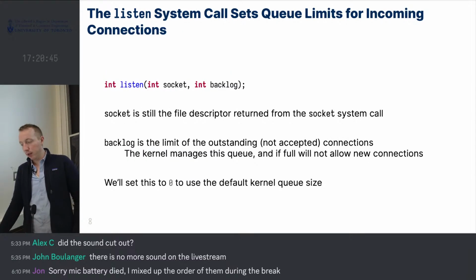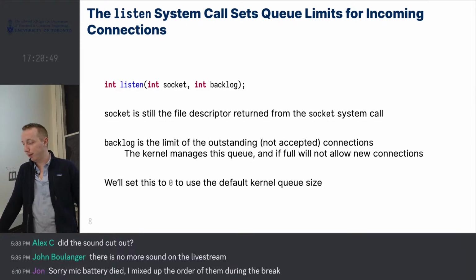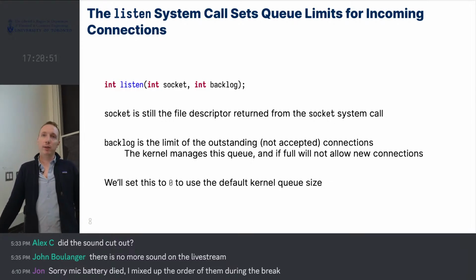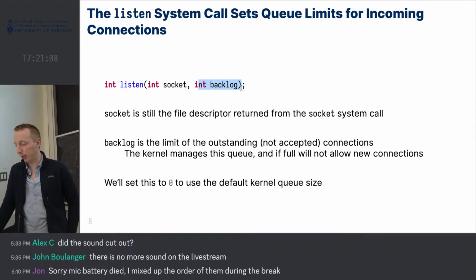So the third step in our server journey is a listen system call. It sets the queue limits for incoming connections, basically how many connections the kernel will hold for us before it starts dropping them. The first argument is still a file descriptor returned from that socket system call, and this int argument is just how long of a queue you want the kernel to maintain.